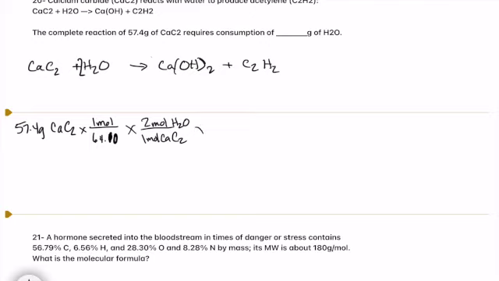And I'm looking for grams of H2O, so I need to carry this one step further. 1 mole of H2O has the mass of 18.02 grams per mole. Multiply across, divide by the bottom.